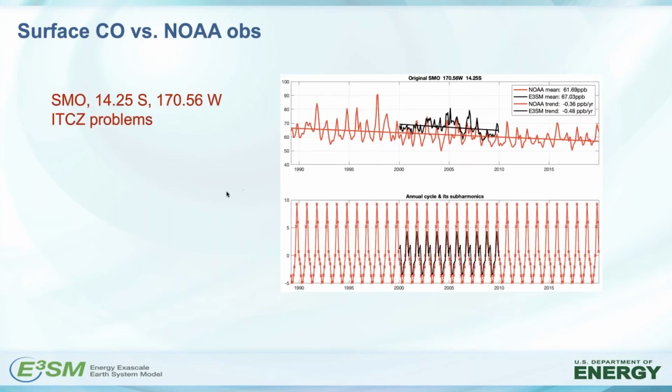And if we look at this site, this site is over the Central Pacific and affected by the ITCZ, so it shows the high mean bias because it's affected by the ITCZ air outflow from that region, and also misses the maximum and the minimum of the annual cycle.